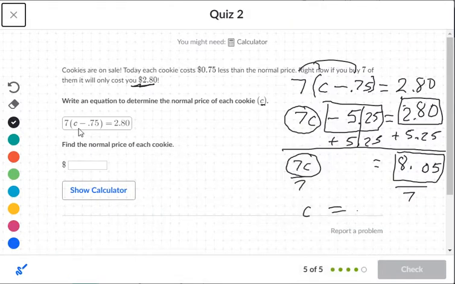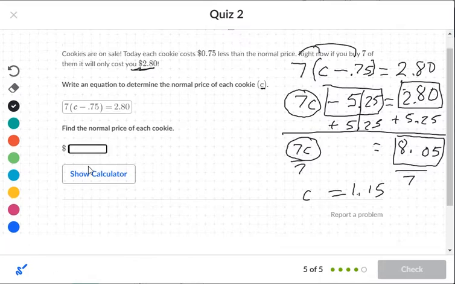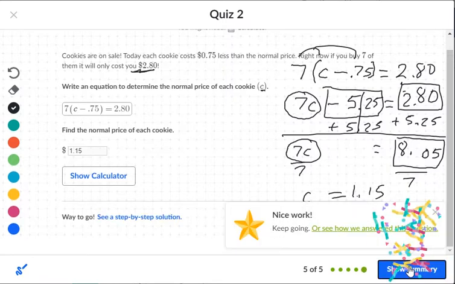So this is going to be $1.15. So that's the original price, $1.15. That should be my answer, $1.15.